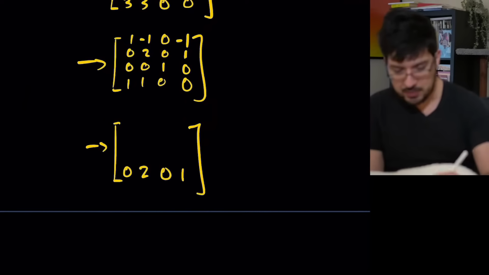Okay, so this is row echelon form for this matrix. So then, therefore, part A, the rank of A is 3.